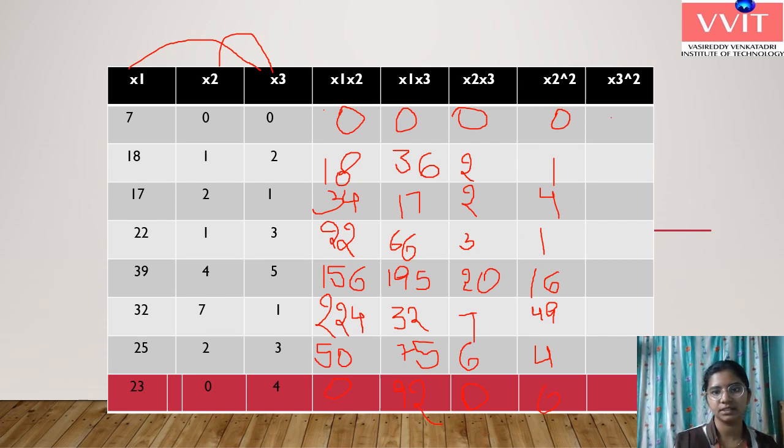And x3 square: 0 square is 0, 2 square is 4, 1 square 1, 3 square 9, 5 square 25, 1 square 1, 3 square 9, and 4 square is 16. And here, we have to find the sum of these terms.